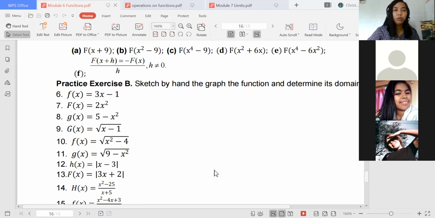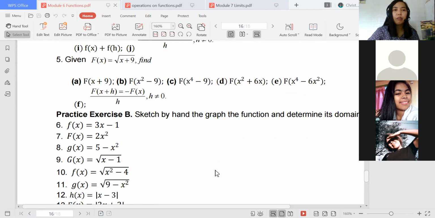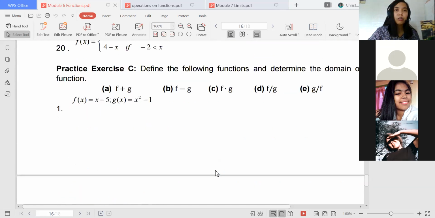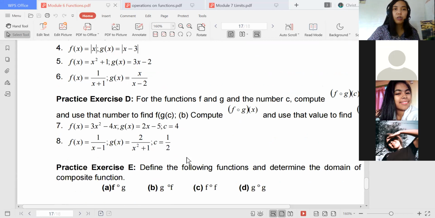So you're done with practice exercises A and B. You're going to answer practice exercise C. Okay, so wag nang kunin ang domain. Just perform the operation. So for C, that's the basic operations: addition, subtraction, multiplication, and division.